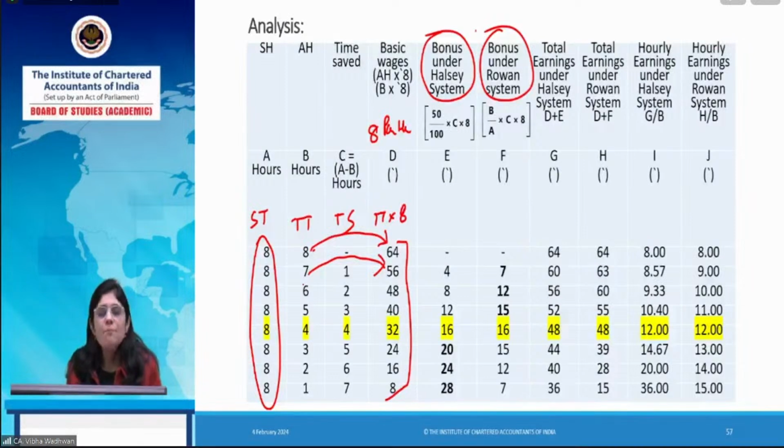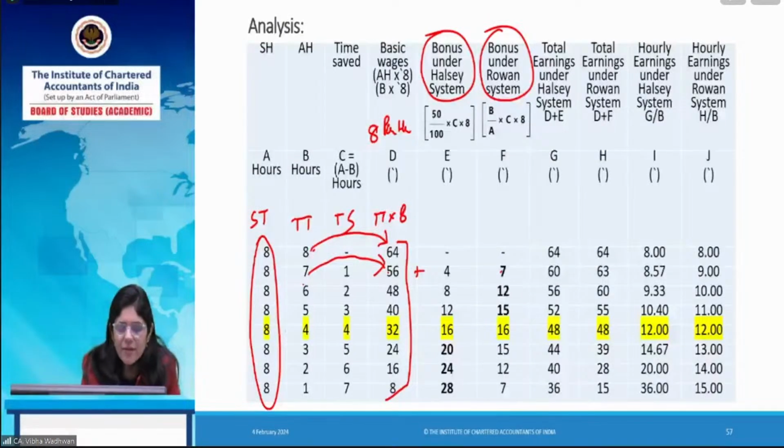So this is the bonus. The total earnings under Halsey is 56 plus 4. Under Rowan, the total earnings is 56 plus 7. Clear? So this is how I am making you understand the whole setup, what all we have covered here. The thing to understand is, see, till the time, I just look at the yellow highlighted part.